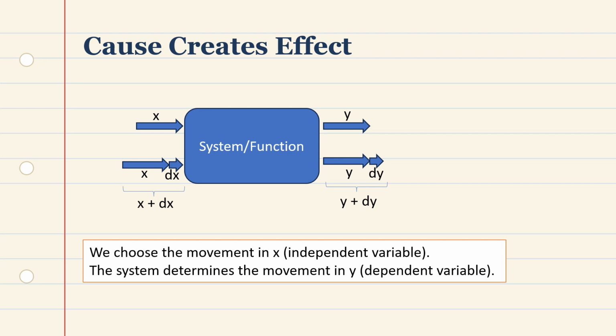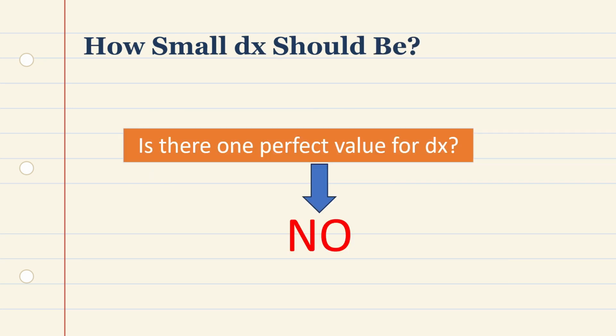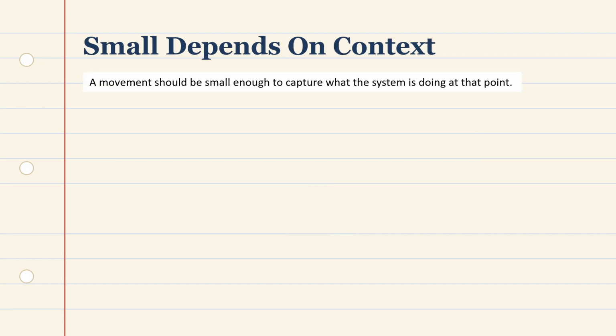dx is about movement. So how small should dx be? Is there one value that can be used for every system? The answer is no. There is no one perfect value. So how do we decide what dx is? It depends on the context. Let's look at a few examples. Let's take the first example where we are dealing with a system where we're measuring currency, let's say in $1 million.